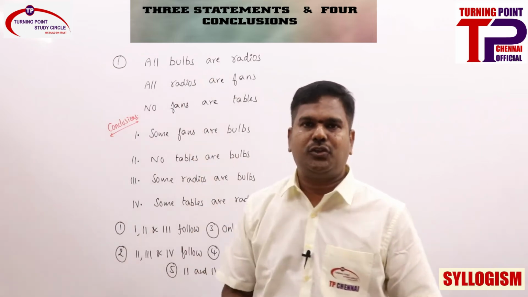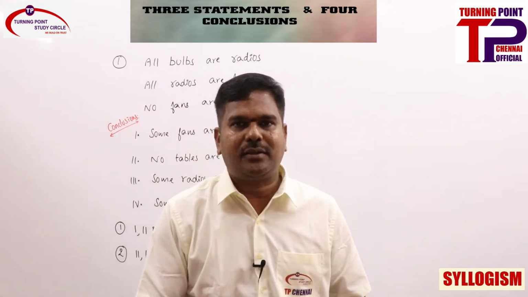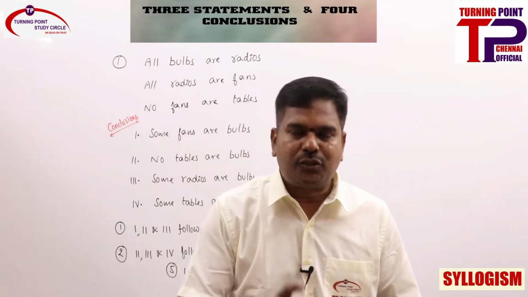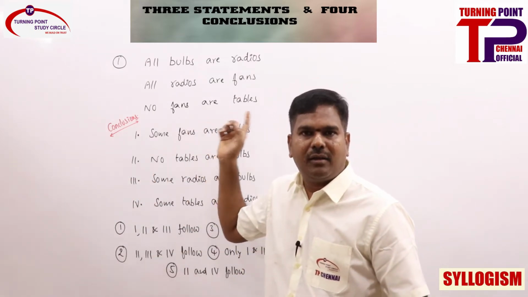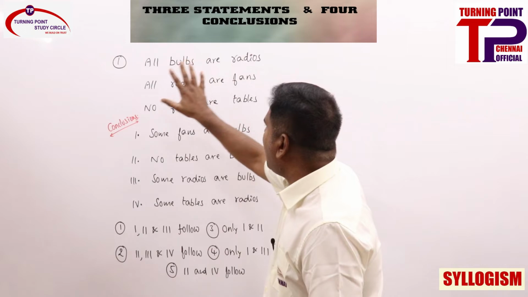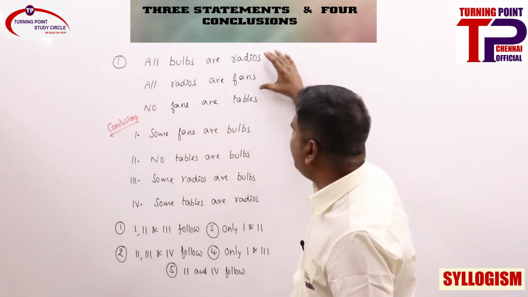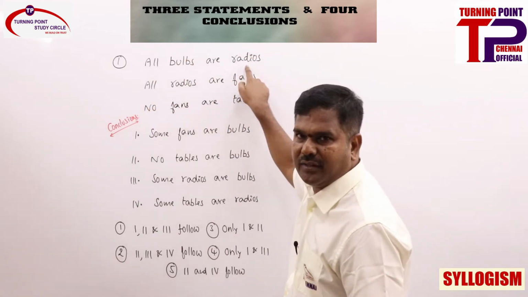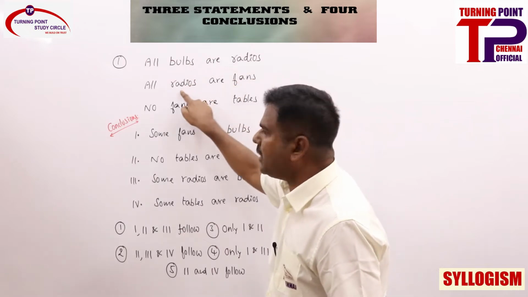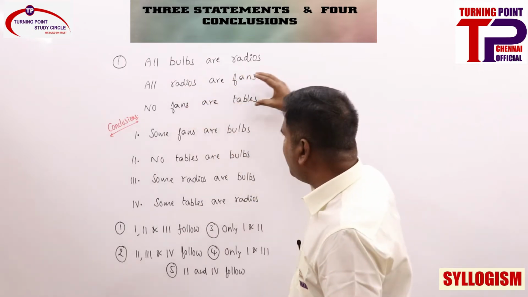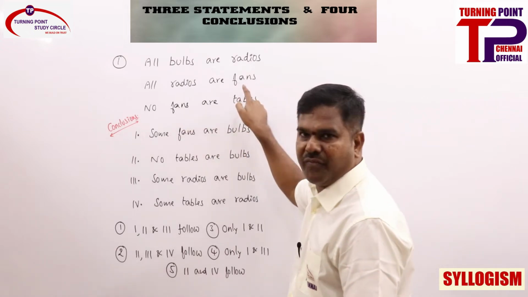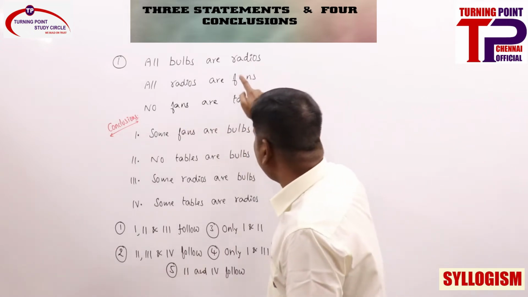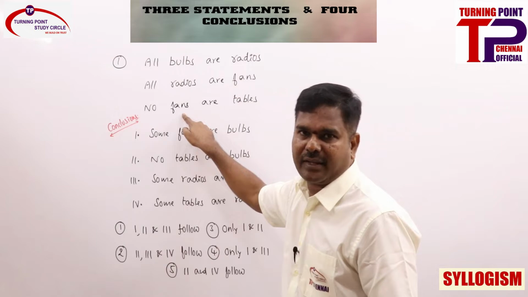My first and foremost duty while solving a syllogism is to make proper alignment. Whether it has been properly aligned or not, see that common term. If you take these 2 statements, the common term, radius, is there: predicate of the first statement, subject of the second statement. If you consider the 2nd and 3rd statements, yes, the common term is there, fans and fans: predicate of the first statement, subject of the second statement.